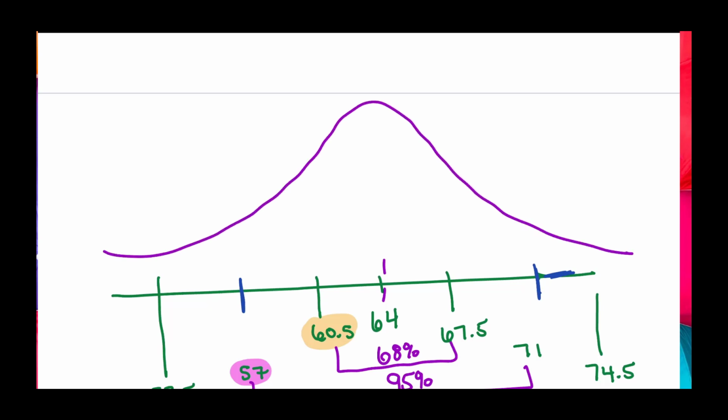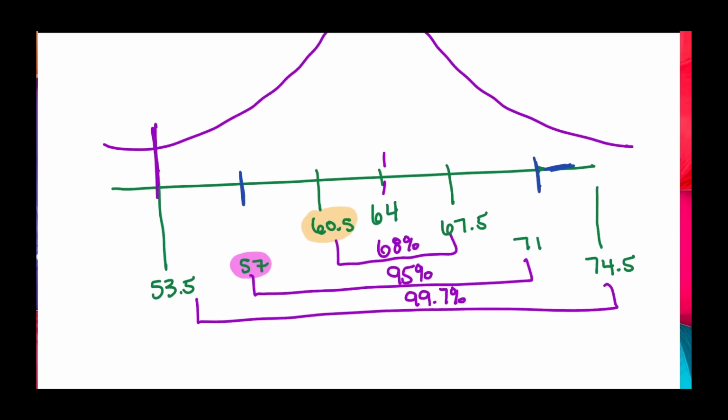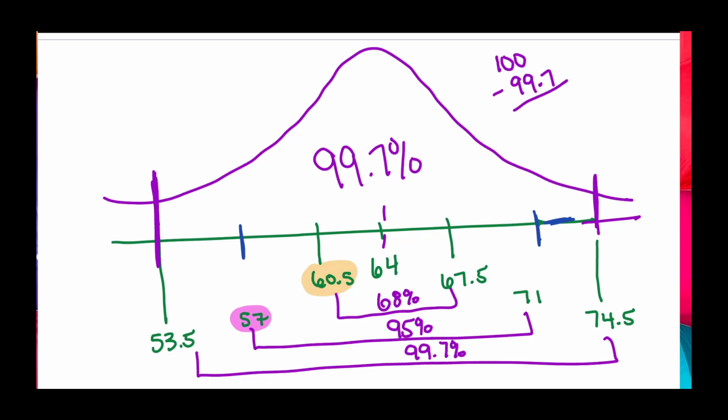Okay, so the last one is what percent retire when they're younger than 53.5? So here's 53.5. All right, so what we could do is we could say, well, I know that between 53.5 and 74.5, that is 99.7% of the data. And then I could subtract that from 100 and get 0.3. And then this side here and this side here together make up 0.3.